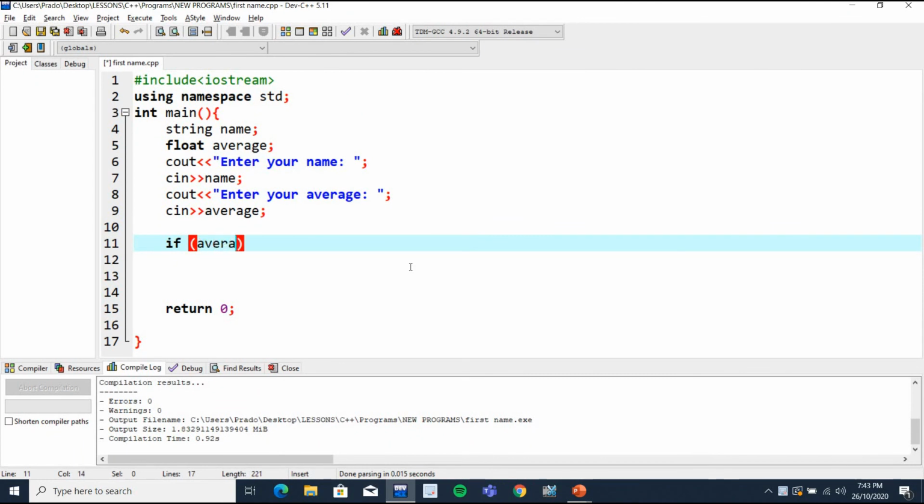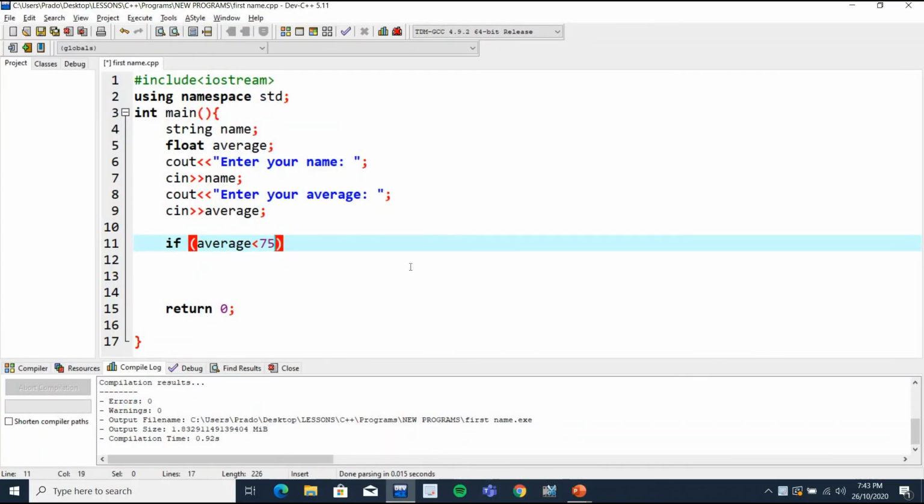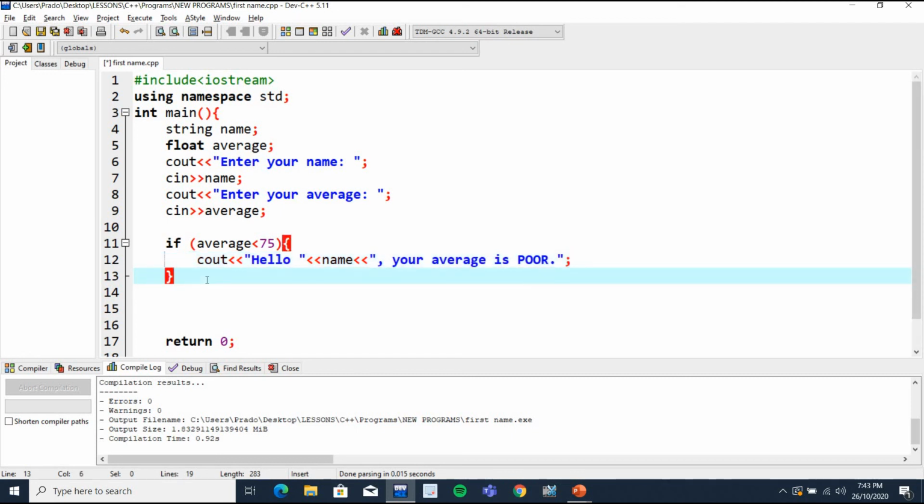If average is less than 75, then brace, cout. So, tawagin din natin yung pangalan para at least meron siyang gamit. So, hello name, and then another quotation, hello name, comma, your average is poor, semicolon. So, ayun na po yung unang condition natin.